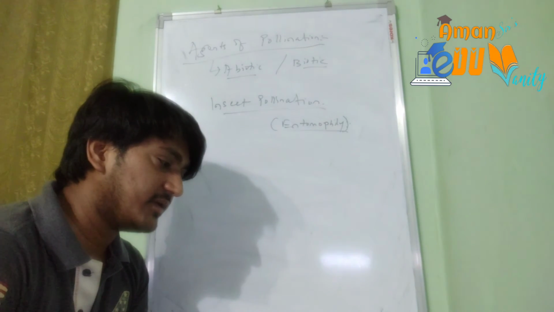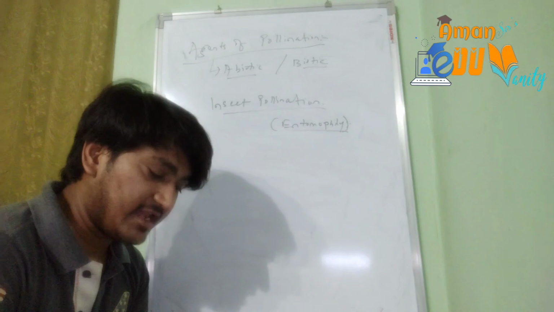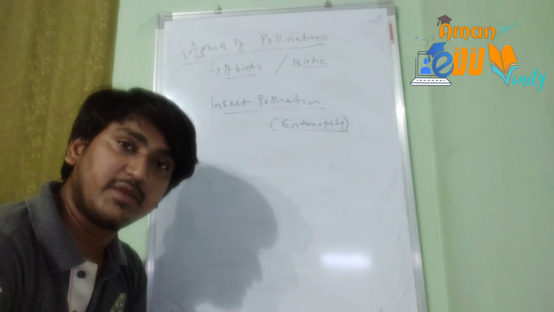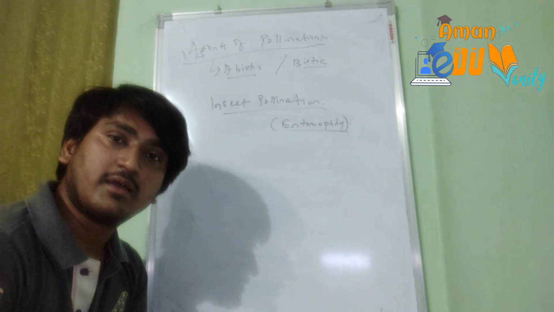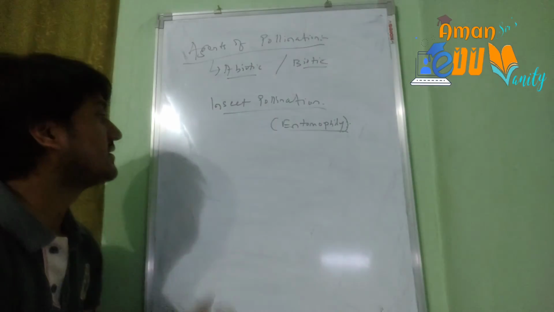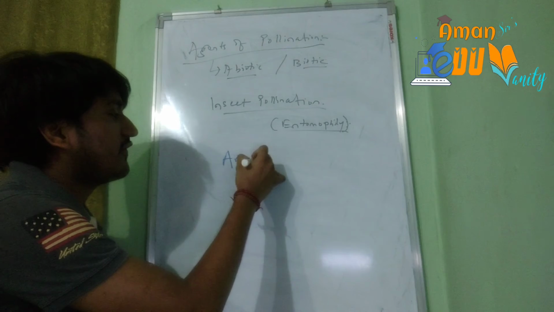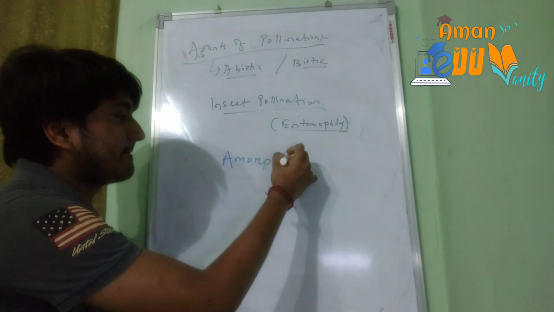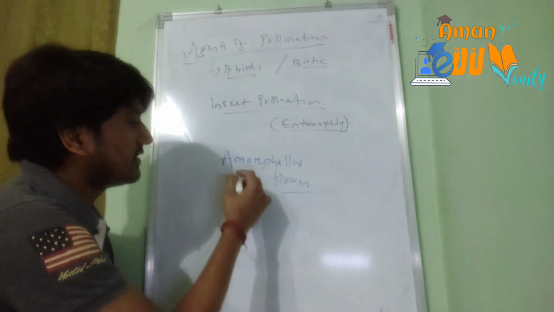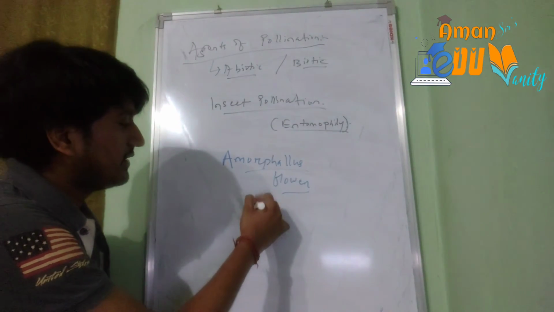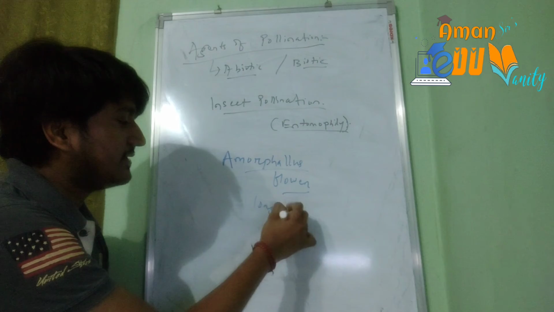Sometimes the pollen grains need to be rough and sticky, and for sustaining animal visits to the flowers there are rewards given. One specific case is seen in the Amorphophallus flower. Amorphophallus is said to be the longest flower; it can go up to 6 feet in height.